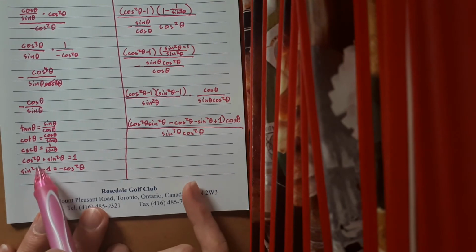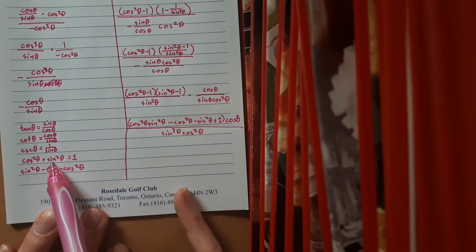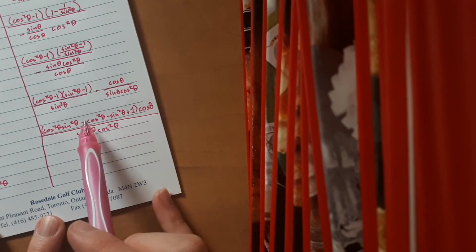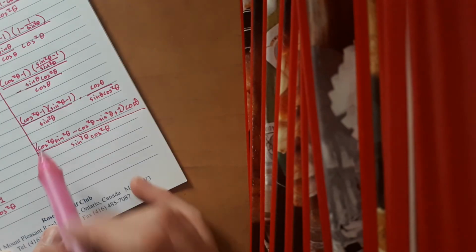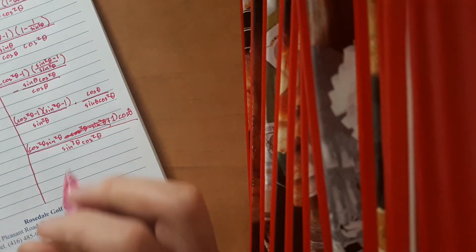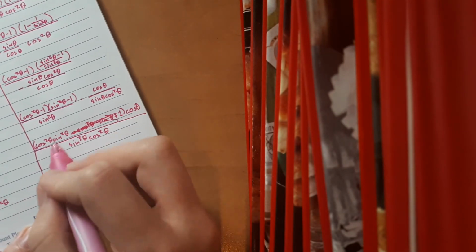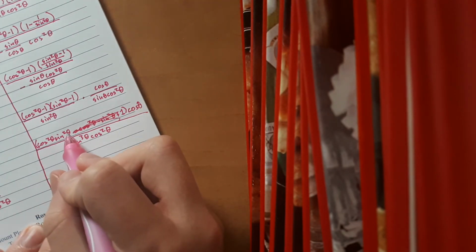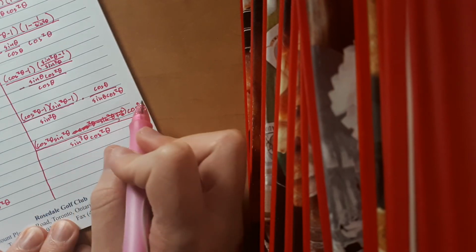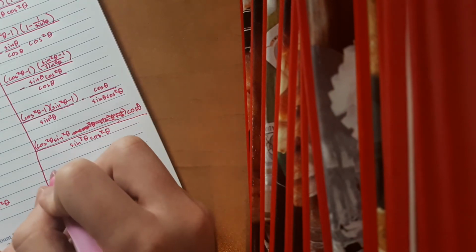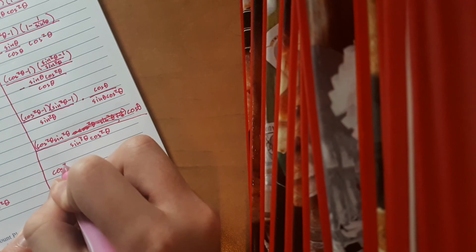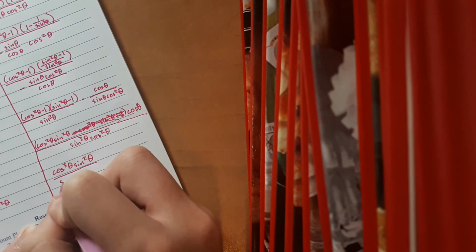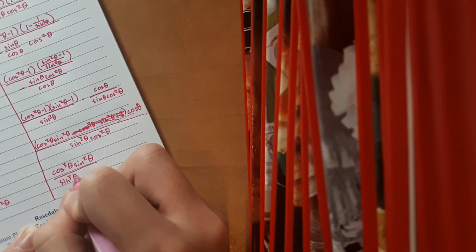So what we can notice next is our other Pythagorean identity again. So cos squared theta plus sine squared theta is equal to 1. So 1 minus cos squared theta minus sine squared theta is 0. So we can take this cos squared theta sine squared theta, since it's the only thing we have left in here, and multiply it by the cos theta, giving us cos cubed theta sine squared theta over what we had before, sine cubed theta cos squared theta.